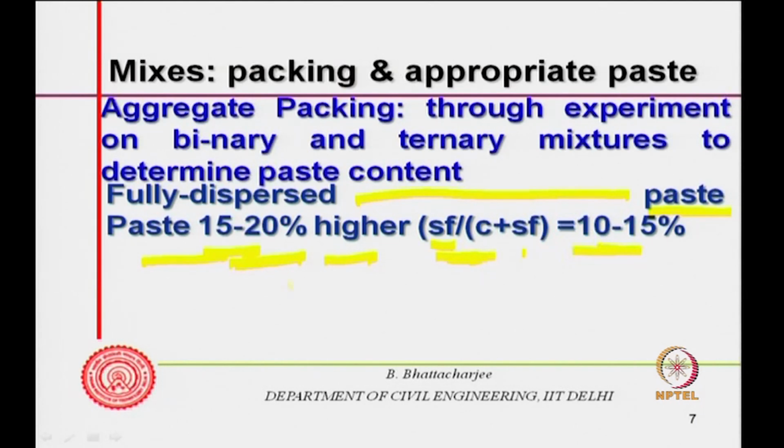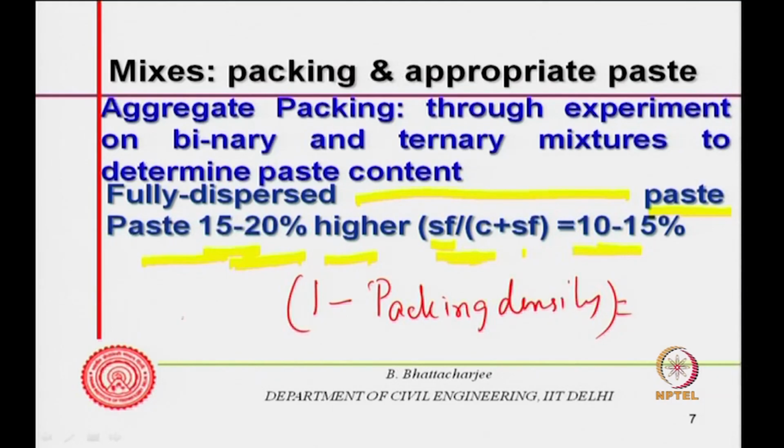So you actually have 1 minus packing density, whatever value you get, multiply this by about, or plus 10 to 15% extra paste, extra mortar. So the paste in higher strength concrete could be somewhat higher, and the silica fume content is this.